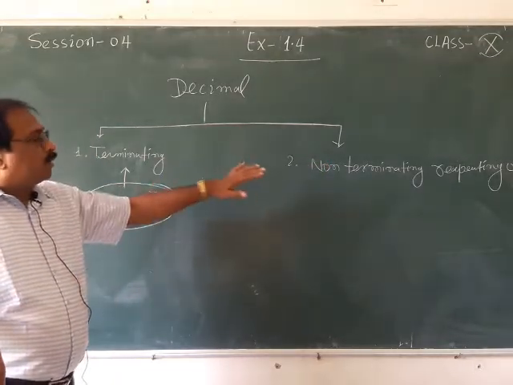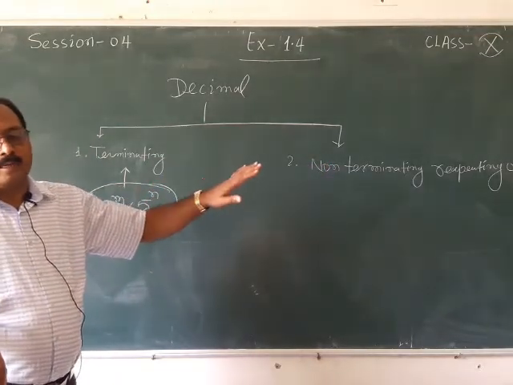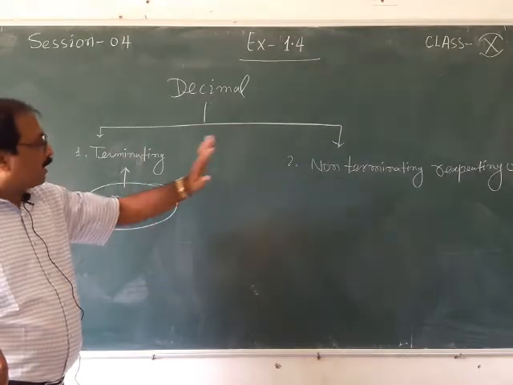These two are forms of a rational number itself, that means both the numbers are rational.